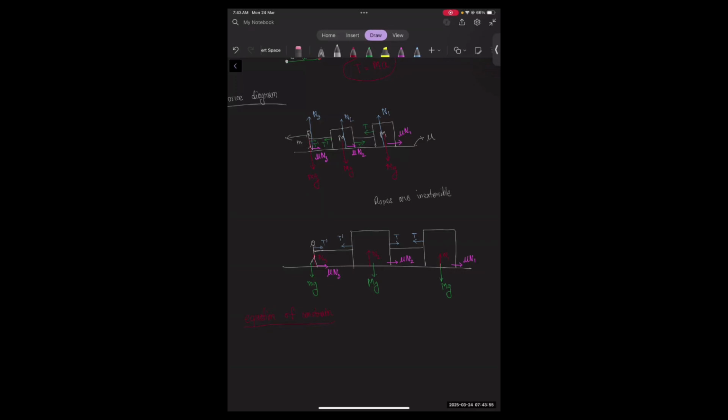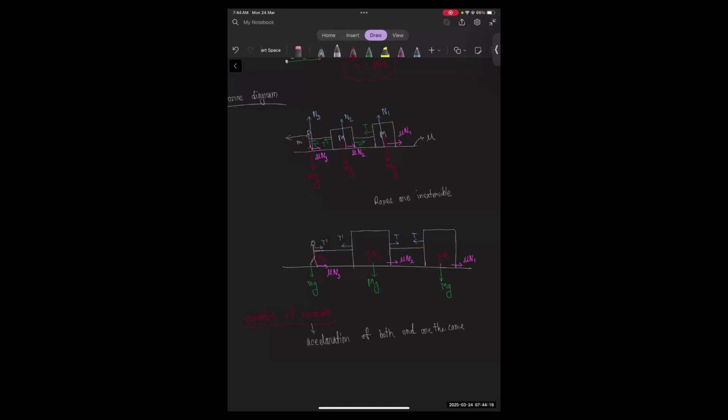Now, inextensible rope means acceleration of both ends is the same.